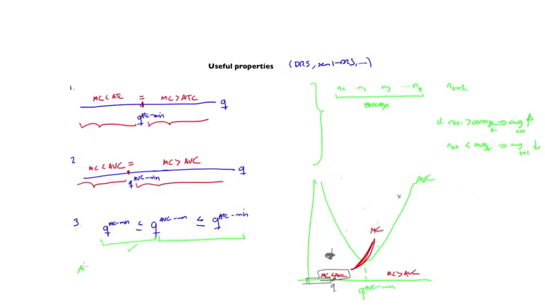Now what about this part of the relationship? Recall that average total cost is equal to average variable cost plus fixed cost or semi-fixed cost divided by Q. If these fixed costs are 0, the two curves are the same and they must therefore take the minimum at the same point, so this trivially holds with equality.